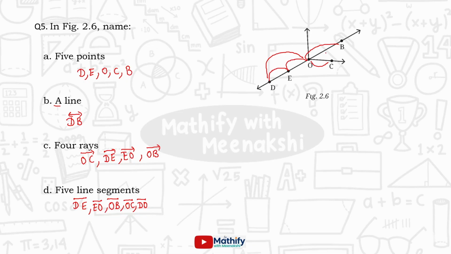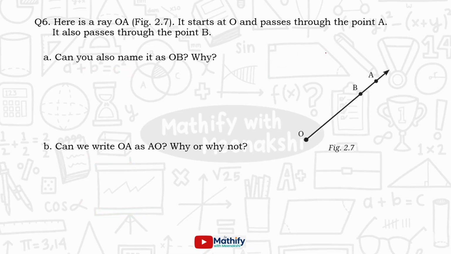Let's move to the next question, question number 6. Here is a ray OA, as you can see in this figure. It starts at O and passes through the point A. It also passes through the point B. Can you also name it as OB? Just see here carefully. They are saying, can you name this ray OA as OB? Yes, as I just told you, because we can extend it further, so it's correct. You can write yes.